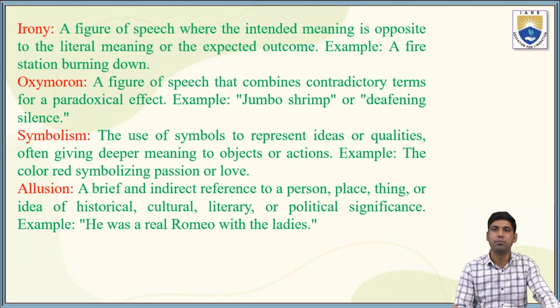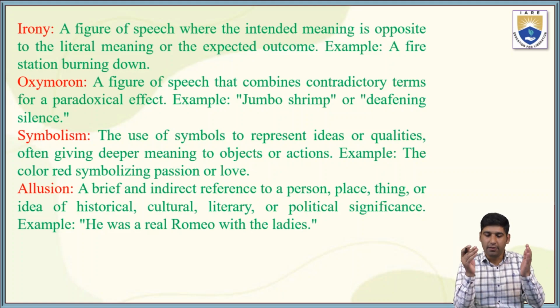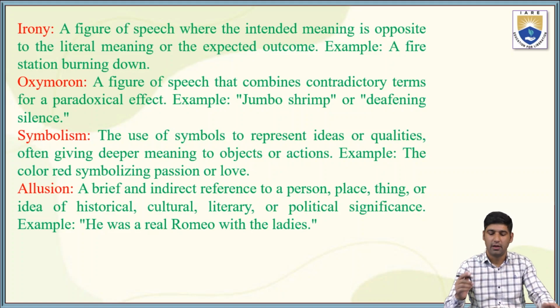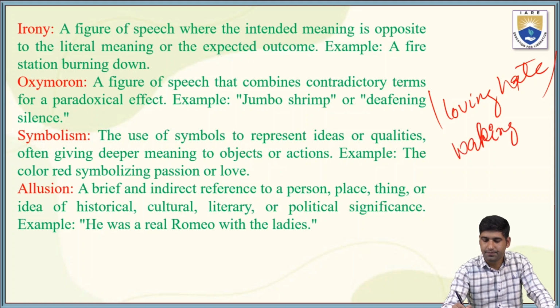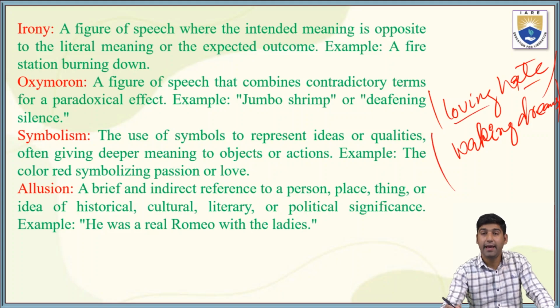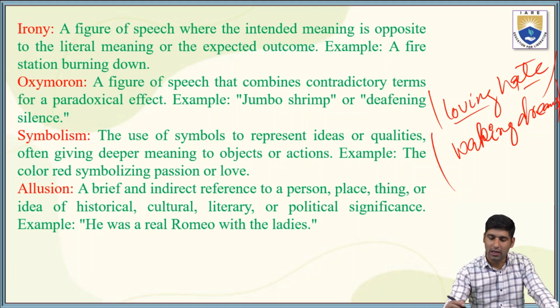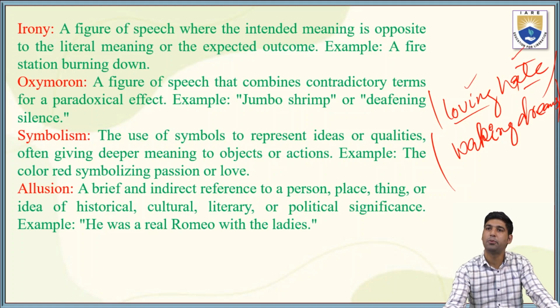Then we have oxymoron. Oxymoron is when we use two opposite terms together. For example, if I tell you loving hate, or waking dreams. See, loving hate, these are opposite terms. Love is to love someone and hate is the opposite of love.